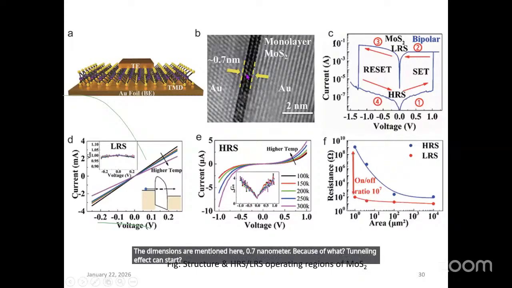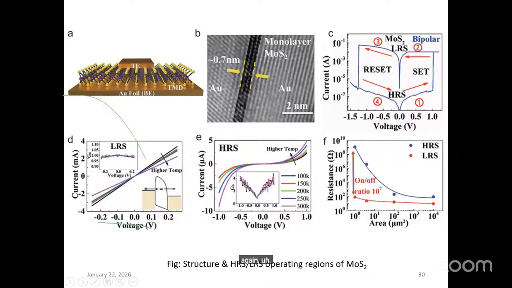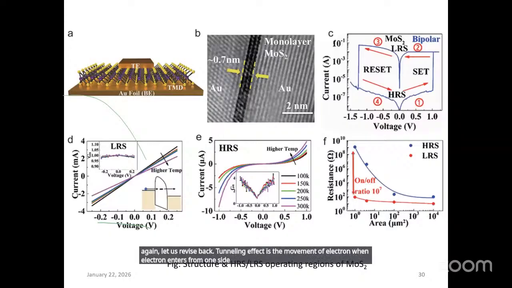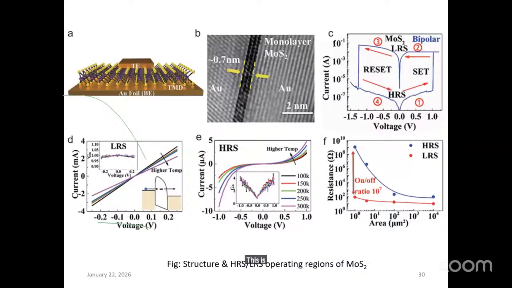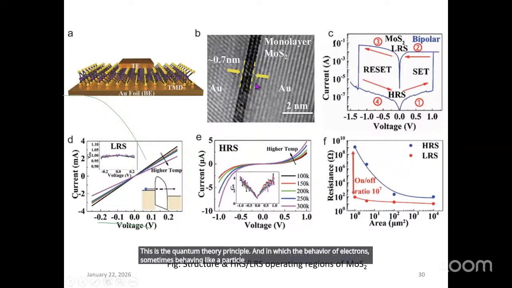Tunneling, let us revise. The tunneling effect is the movement of an electron when it passes from one side to the other side. This is a quantum theory principle, in which the electron sometimes behaves like a particle and sometimes like a wave. The advantage of this behavior of the electron is taken in the tunnel.